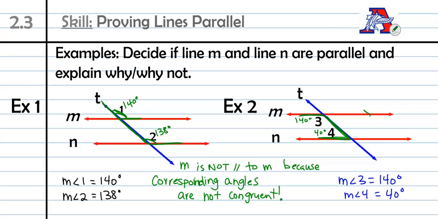So these lines are in fact parallel. We can mark them as parallel, and we can write: M is parallel to N because consecutive interior angles are supplementary.